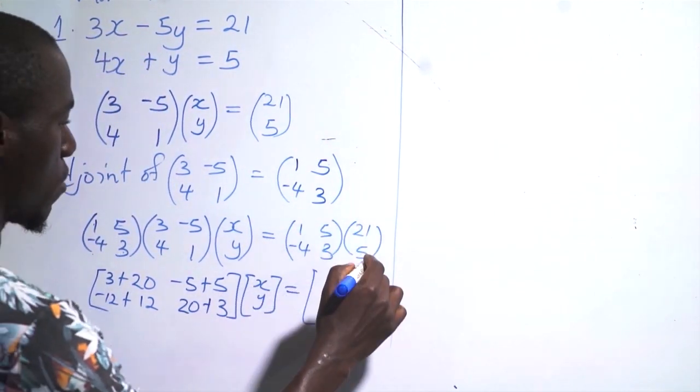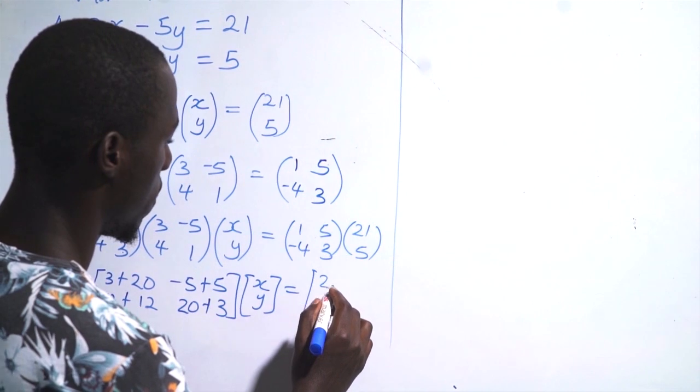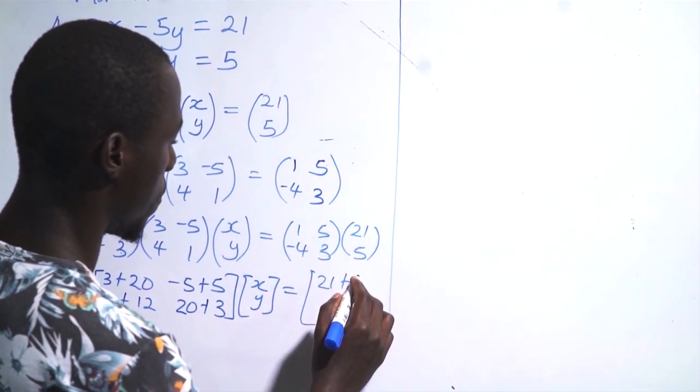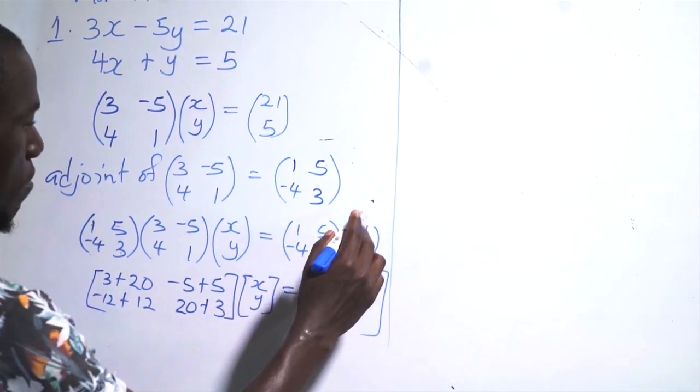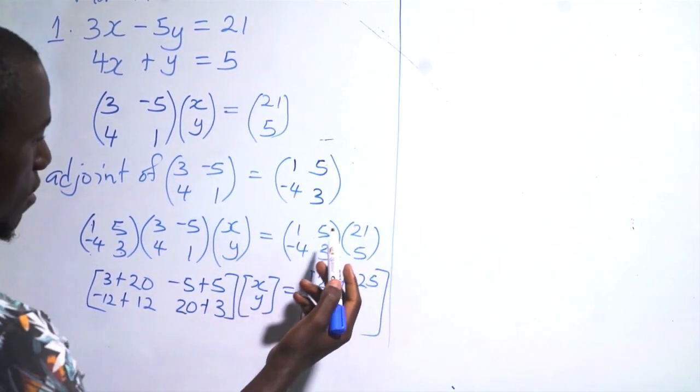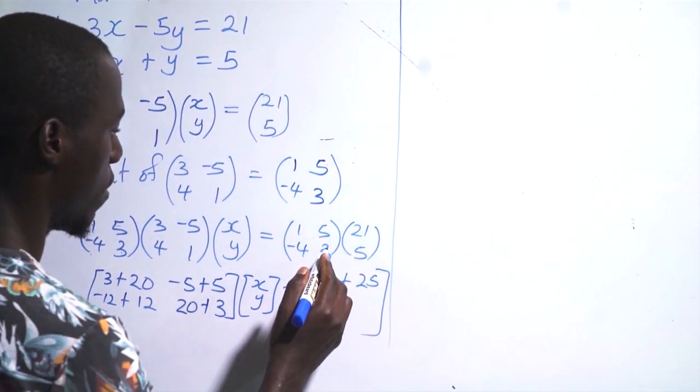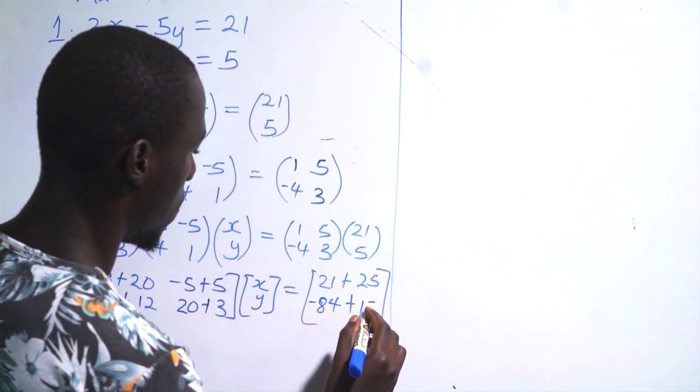here row by column 21 plus 5 times 5, 25, then row by column, that is negative 84, then plus the 15.